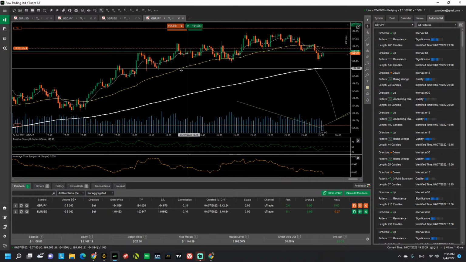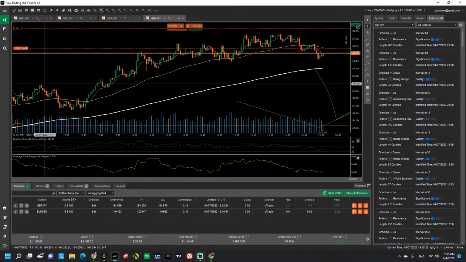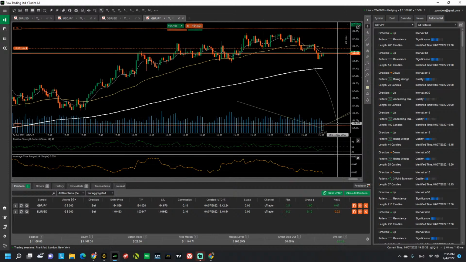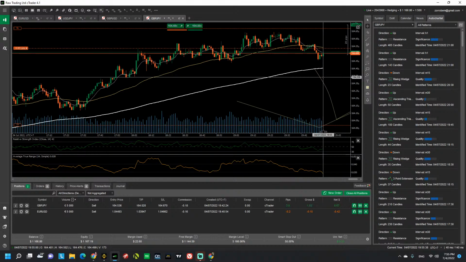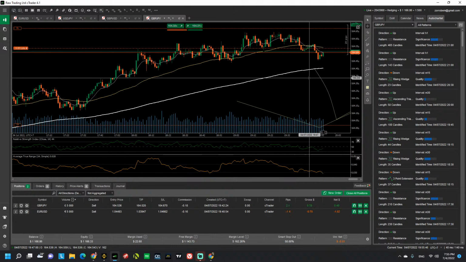Also here, yeah. So unless it breaks this, there's a good chance it will go down to our take profit. If not, it will go back up.